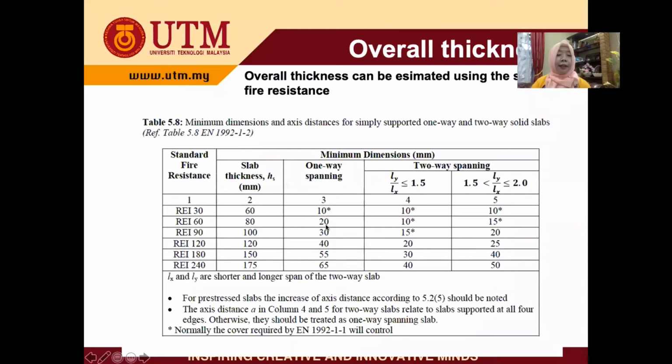And this is the axis distance. Okay, so for Ly over Lx, if it is less than 1.5, this is to obtain the cover. But we can also take this slab thickness value here as guidance.